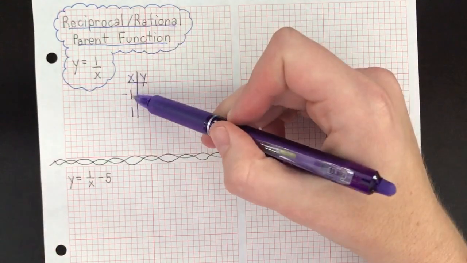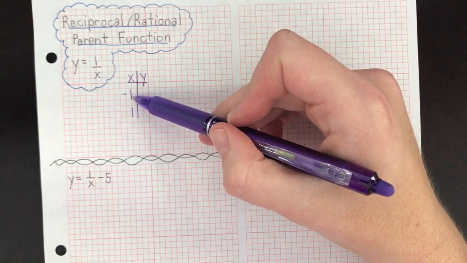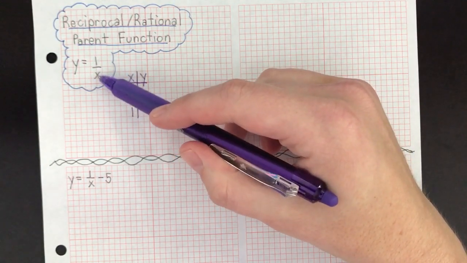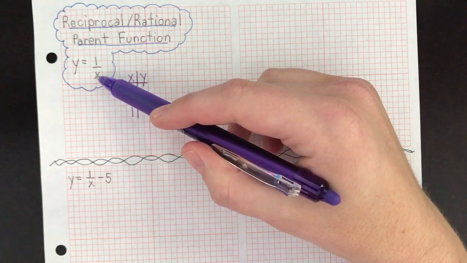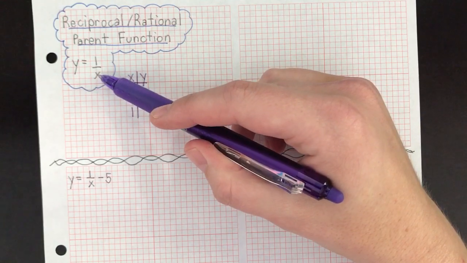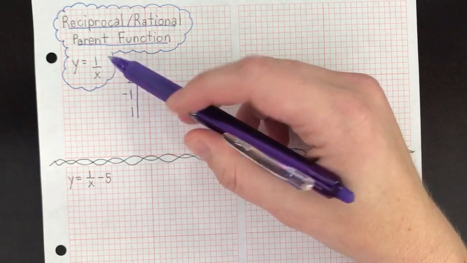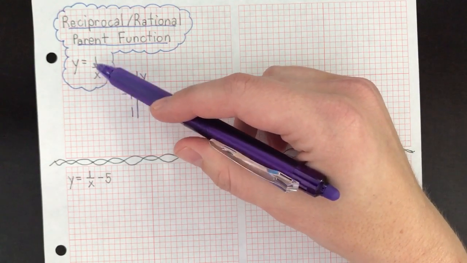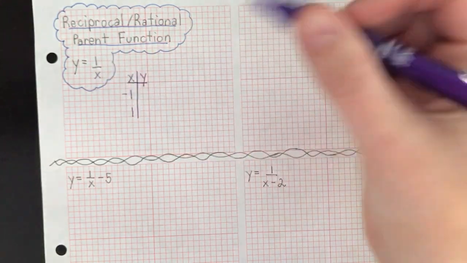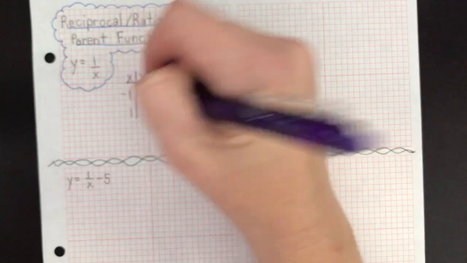So I have only put in two x values here because, let's talk. If you plug in anything other than 1 here, like 2, 3, 4, anything like that, you're going to have a fraction to plot, and we don't want to have to do that. So if you plug in -1 for x here, you would get 1 over -1, which is -1.